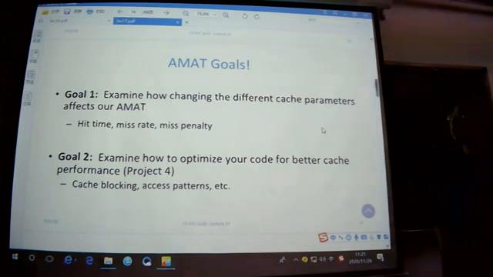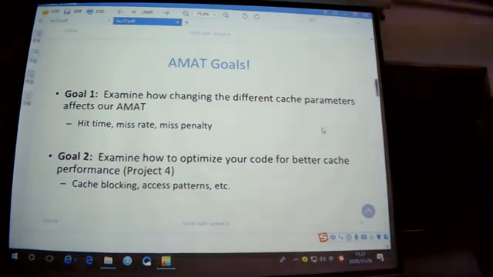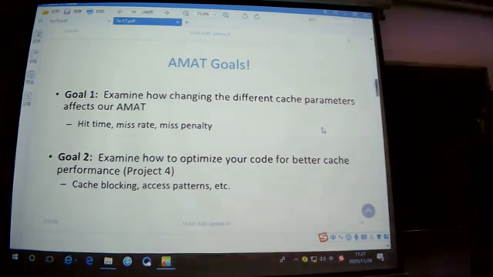Goal 1: examine how changing the different cache parameters affects our AMAT. Hit time, miss rate, and miss penalty are the three important parameters. Goal 2: examine how to optimize your code for better cache performance. Cache blocking and access patterns are two parameters.